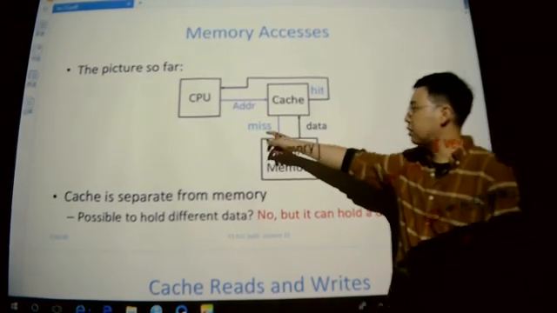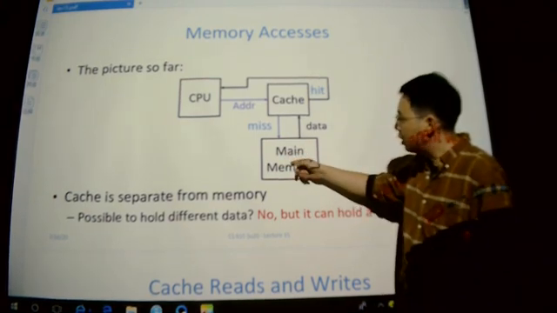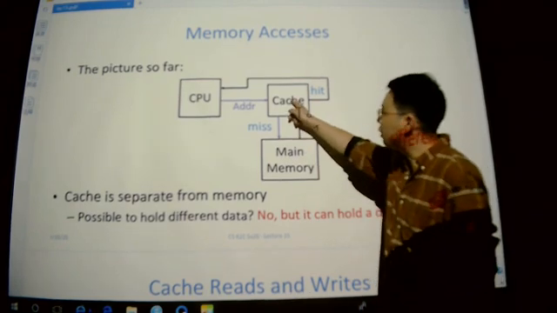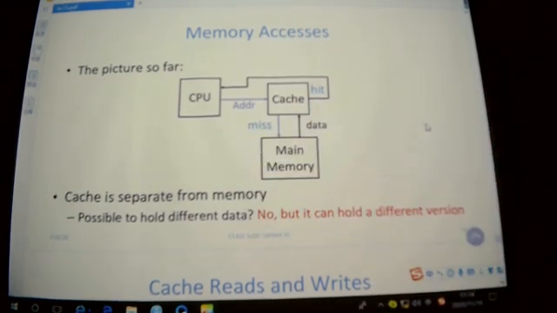If we have a miss operation, we get the data from the main memory, from the main memory to cache and to CPU. So if we have a miss operation, the time of the operation becomes long. Cache is separate from memory. We can find this is another question.